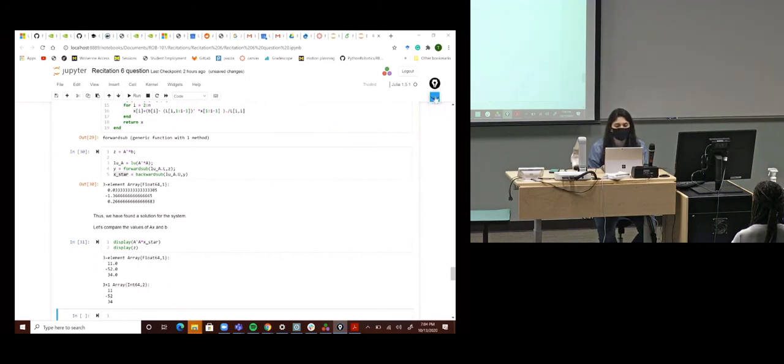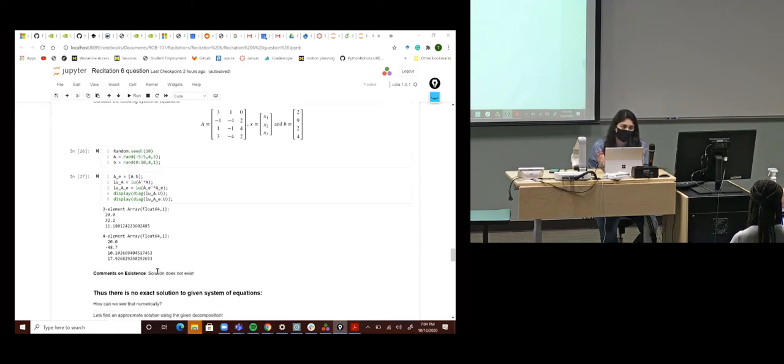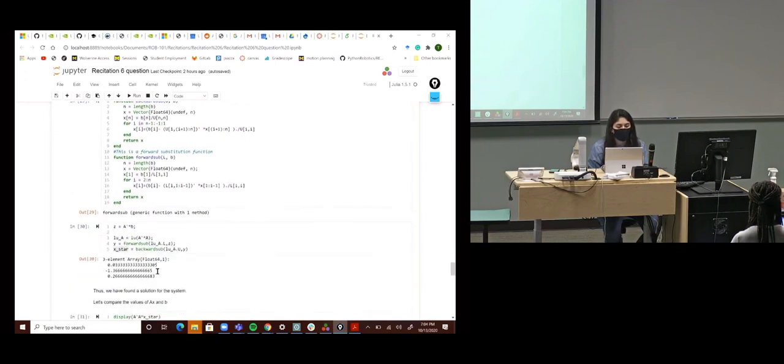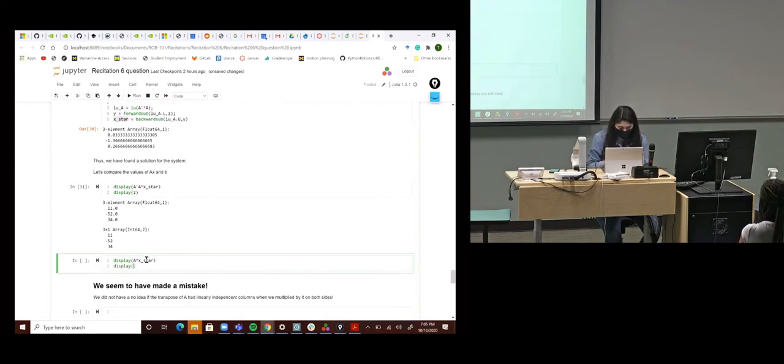We were trying to find approximate solutions for AX equals B. We checked that the solution actually does not exist, but what we did was pre-multiply by A transpose, did the whole calculation, and found a solution for the modified system of equations, A transpose A times X star equals A transpose B. Now, does that mean it is also the solution for A times X star equals B?